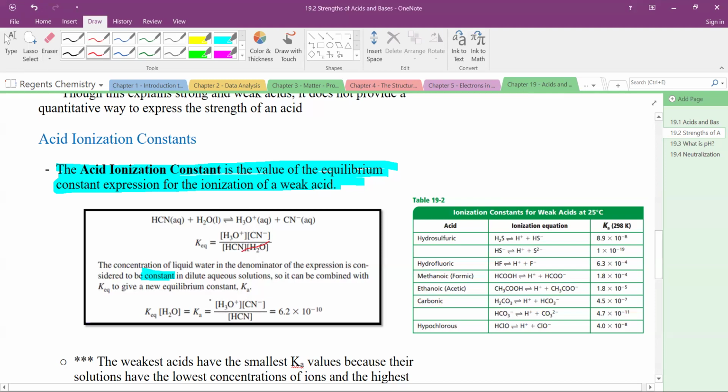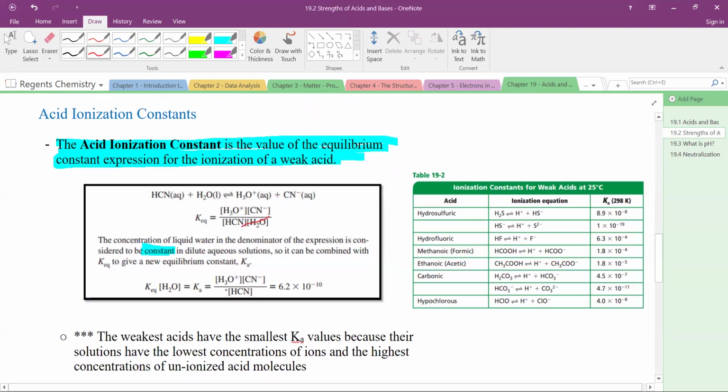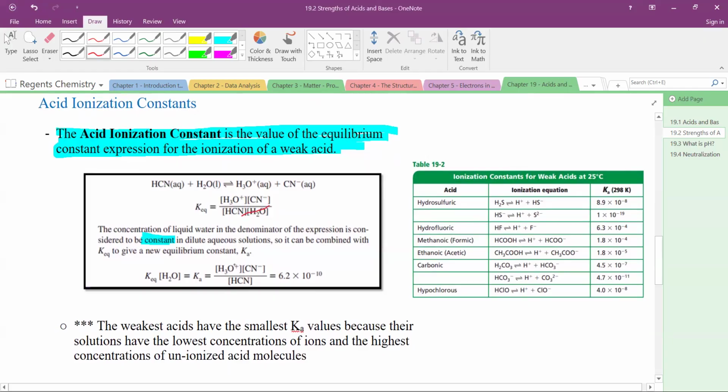So our Ka is equal to our hydronium concentration times our cyanide concentration divided by our hydrocyanic acid concentration. Notice Ka is very low. That tells us that this is a weak acid because it means that we have more reactants than products. And in fact, the lower the Ka, the weaker the acid, okay?